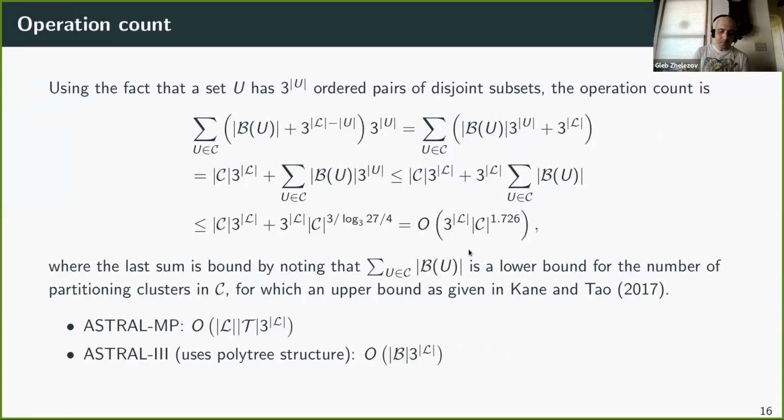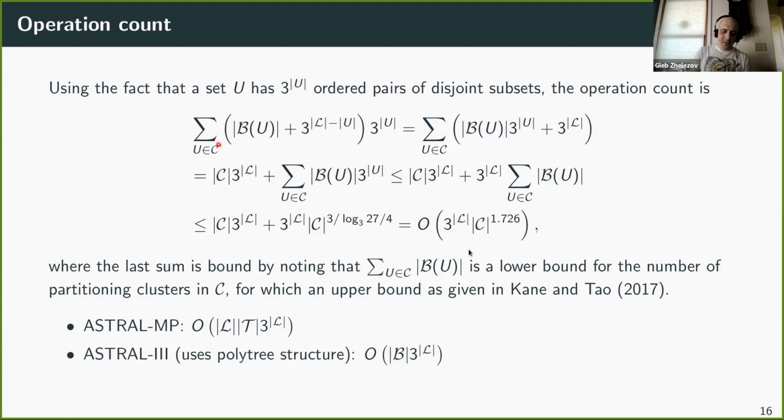So like I was saying, a set U has 3 to the cardinality of U ordered pairs of disjoint subsets. So for the algorithm that I gave you, the operation count looks like this. It's not really that important how you figure it out.